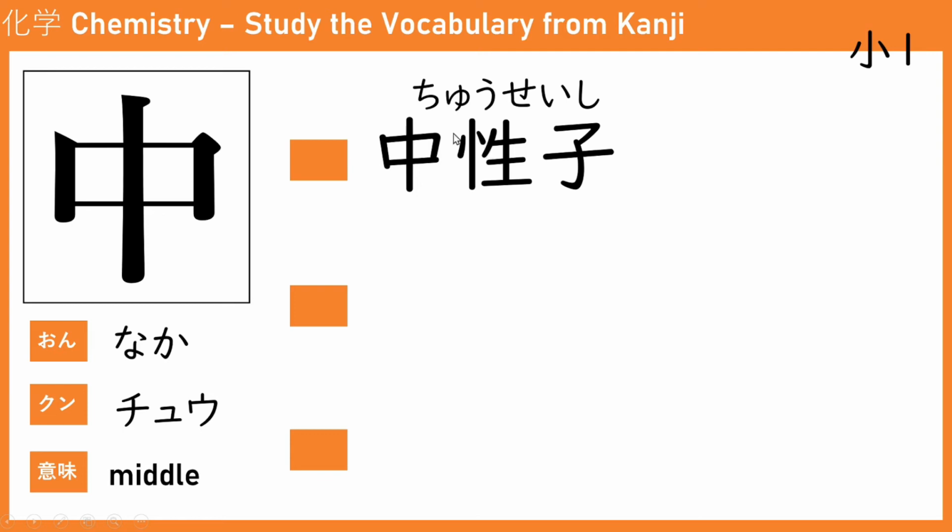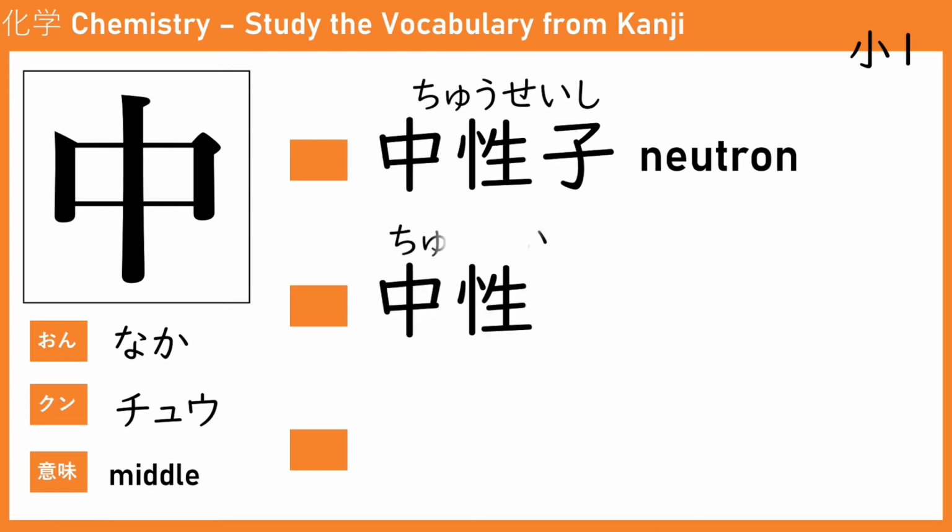So chusei means normal character or neutral, while the small stuff that has neutral character is a neutron. Okay, so we have proton, electron, and this one is neutron, chuseishi.